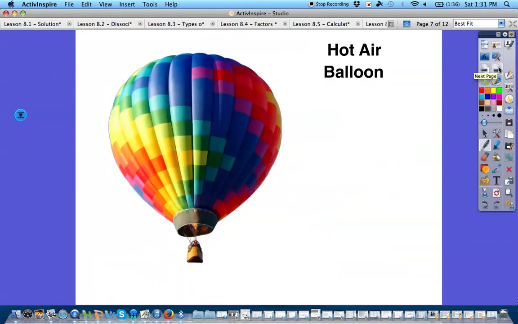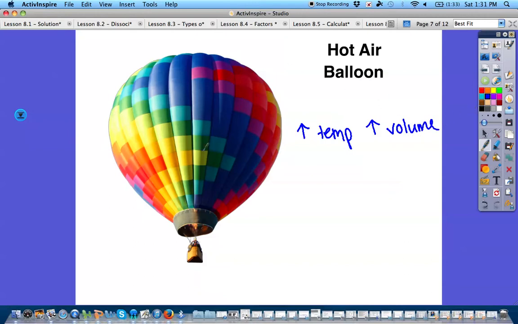So an example of Charles's law is a hot air balloon. So inside a hot air balloon, you have your gas, and what we have is a fire that is going to increase the temperature. As we increase the temperature, the gas molecules are going to want to get away from each other, which is going to increase the volume.